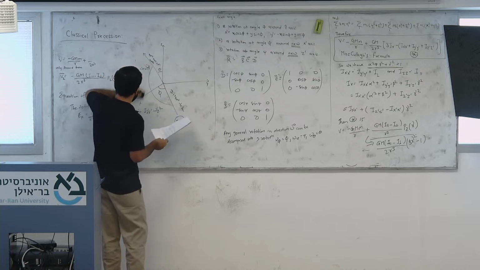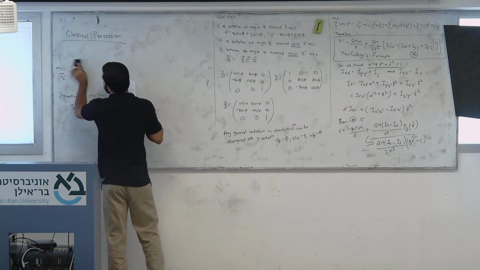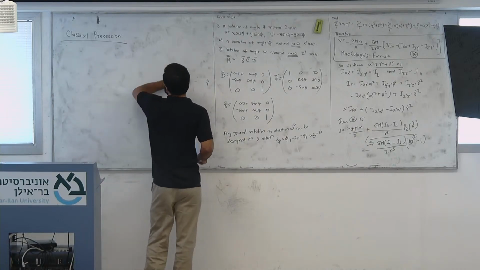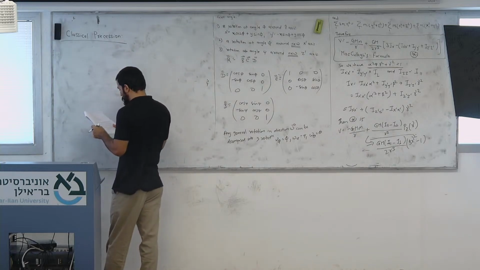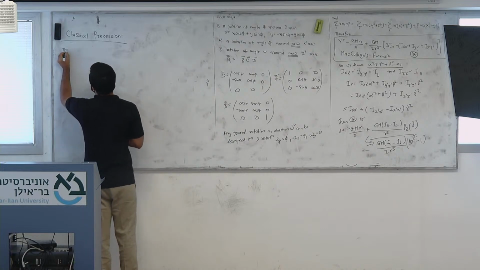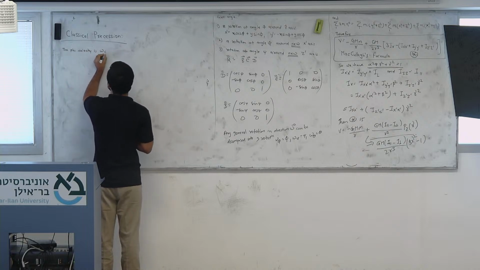Now I can erase this as well. Good. Now the phi direction of angular velocity, the phi velocity is omega phi.